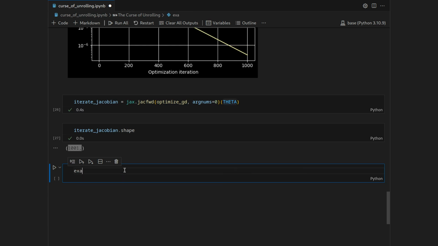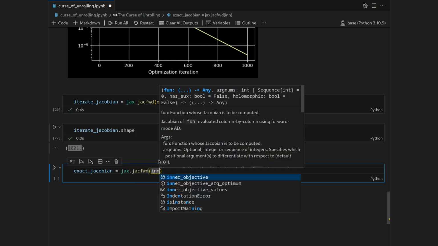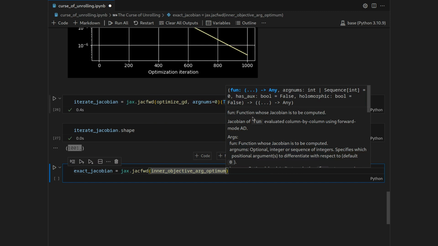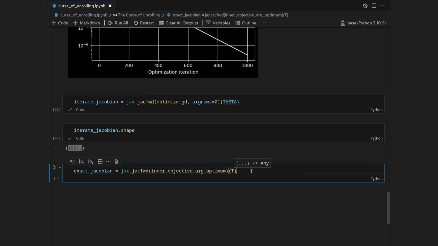And then we can compute the exact Jacobian. The exact Jacobian is computed by using a Jacobian. Here we can either do forward or reverse mode. Let's also do forward mode on the inner objective arg optimum. We don't have to define argnums because this only has one argument, and this is theta.